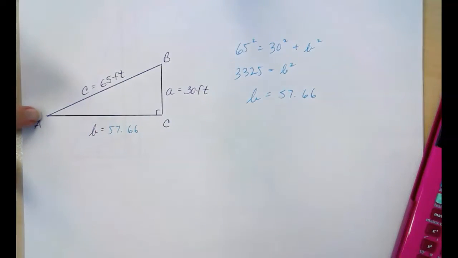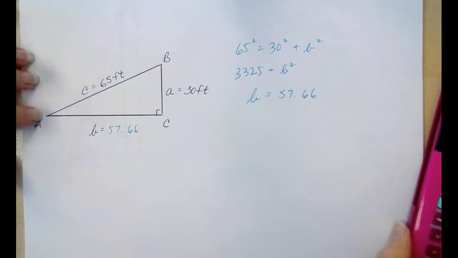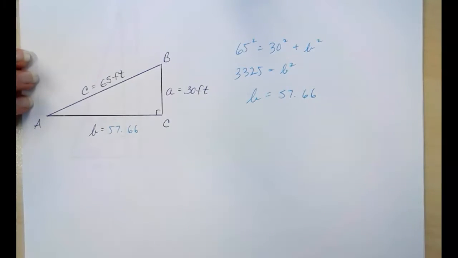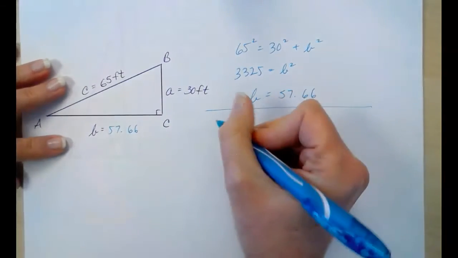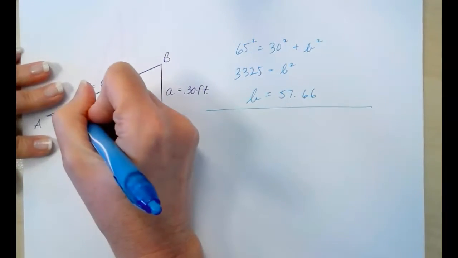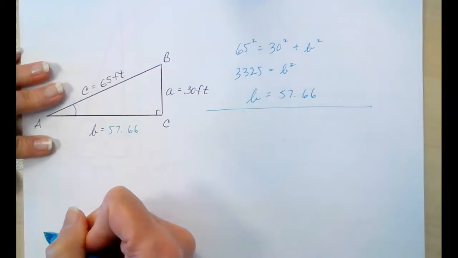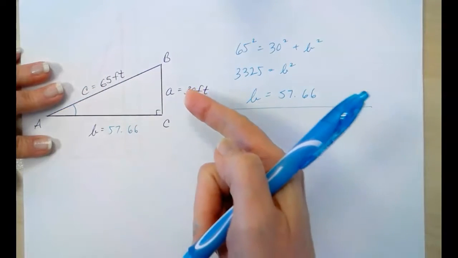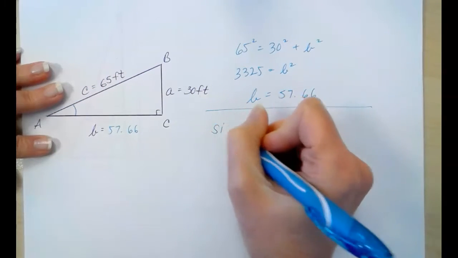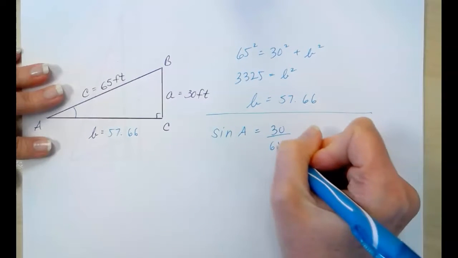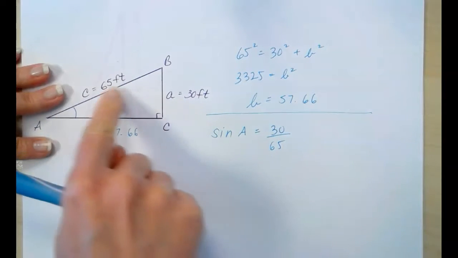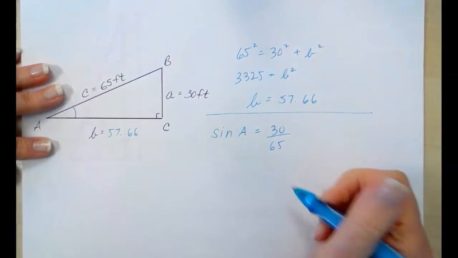Now let's find angle A, and anytime that we are missing an angle, we need to utilize an inverse function. You did learn to do this in trigonometry, so let's get it set up here. We're going after angle A, and I can just use the sine function. The sine of A equals 30 over 65, because sine is opposite over hypotenuse.